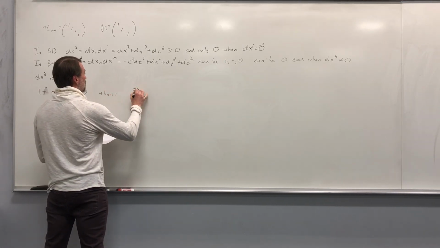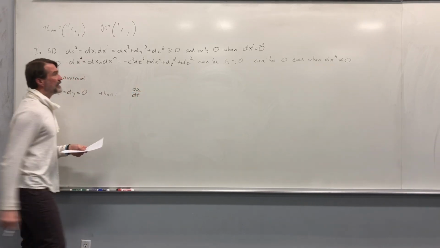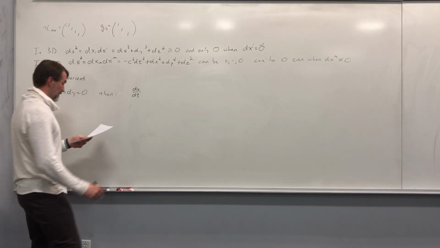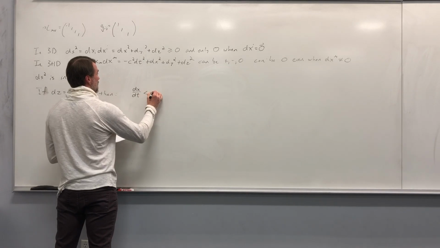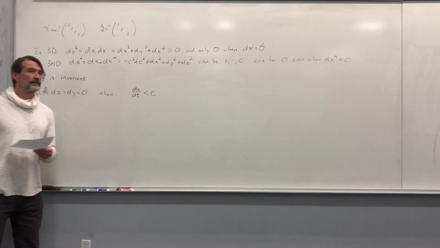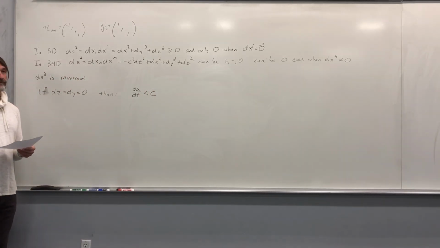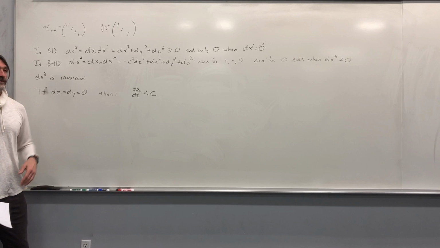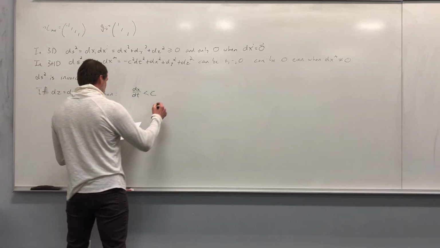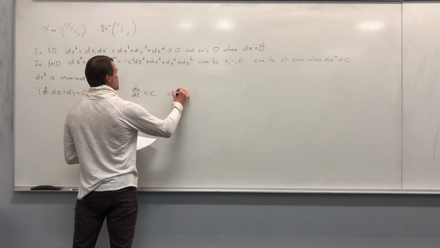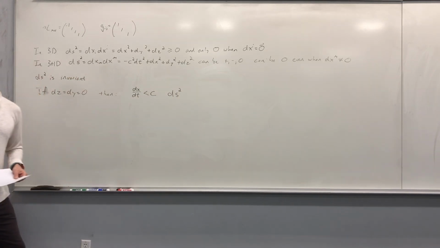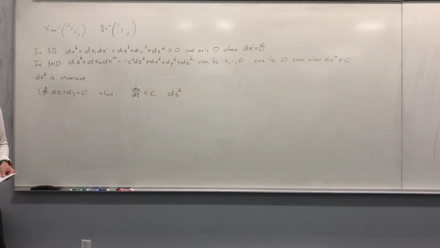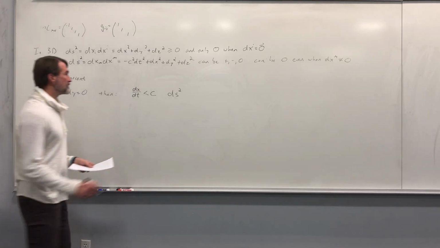If dx over dt is less than c, I can get rid of the square roots because everything here is squared. I might as well just take the square root of each thing. If that's less than c, then what is the sign of ds squared? Cameron. It is exactly negative.